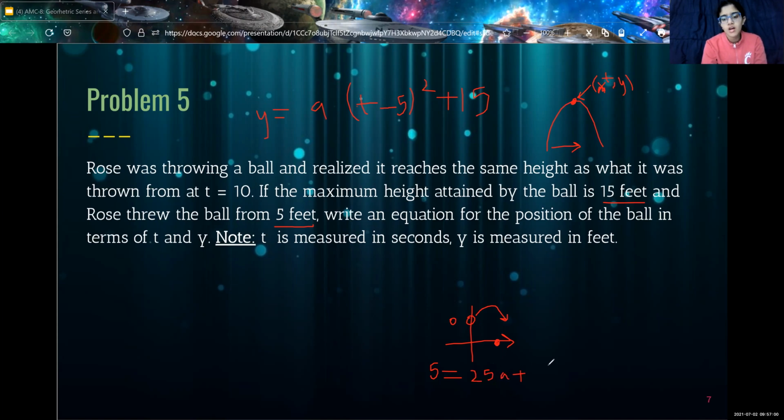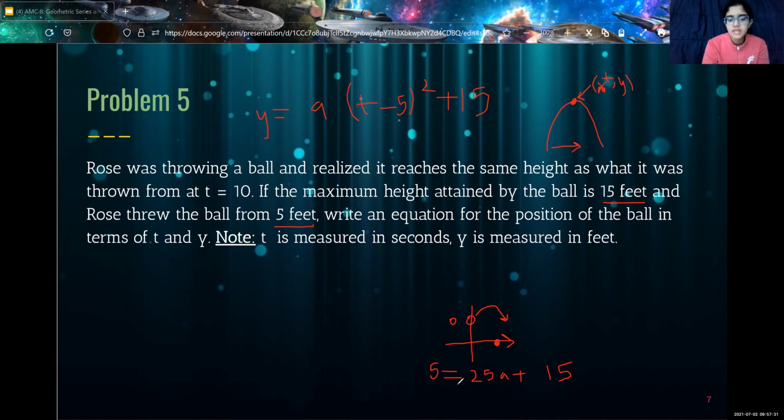So how would we solve this? In the chat, how would we solve 5 = 25a plus 15? Okay, so one person said we could divide by 5 first and then isolate the a, and someone else said we can isolate the a first and then divide.